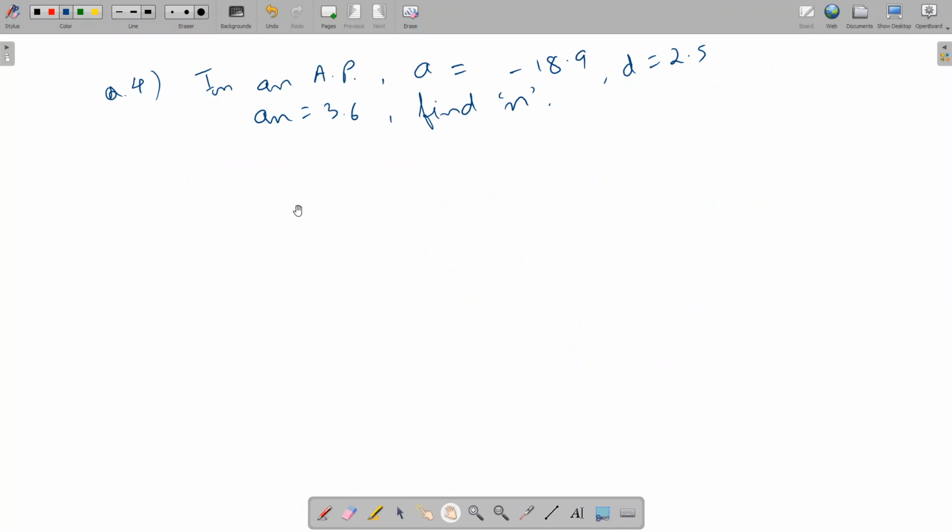Now let us do question number 4. In an AP, a1 equal to minus 18.9, d equal to 2.5, and an equal to 3.6, find n. Here also the same formula will be applied.